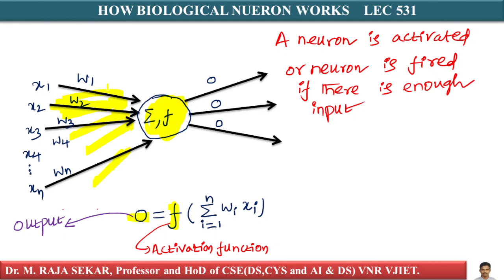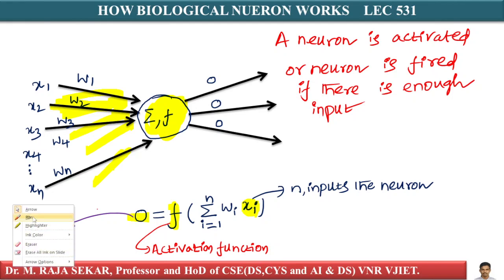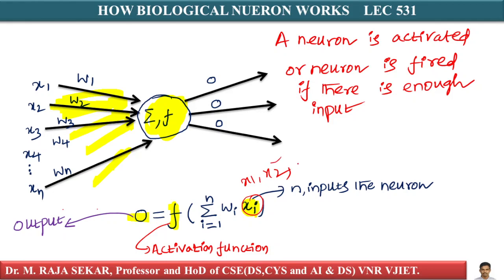What is the output of the neuron? The output of the neuron is f of summation of i equal to 1 to n, wi xi. What does it mean? If i equal to 1, I will get x1; if i equal to 2, I will get x2; if i equal to 3, x3; if i equal to n, xn.